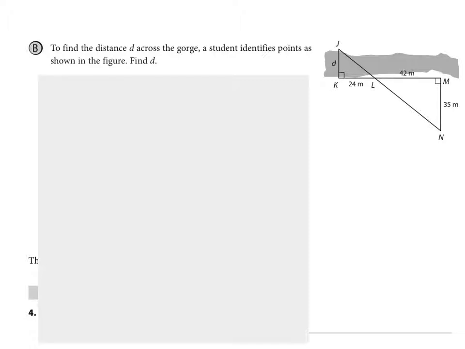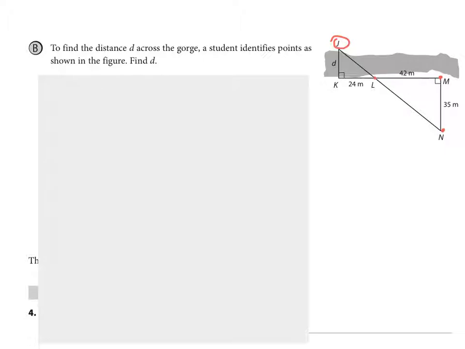They identify a point J across the gorge, and then they walk 24 meters and locate a point, then walk another 42 meters and locate a point, and then make a 90-degree turn and locate a point out here that's 35. Because they know those distances, they can solve for D.